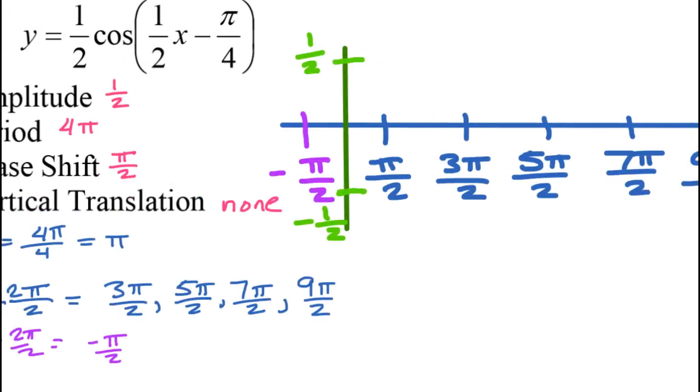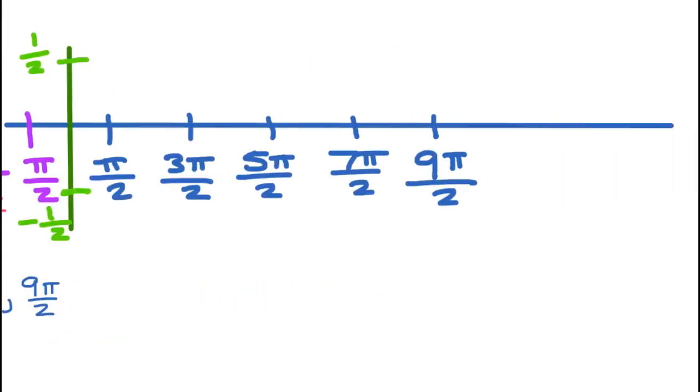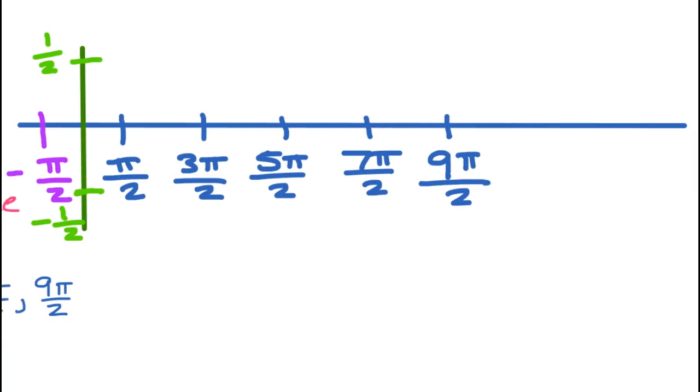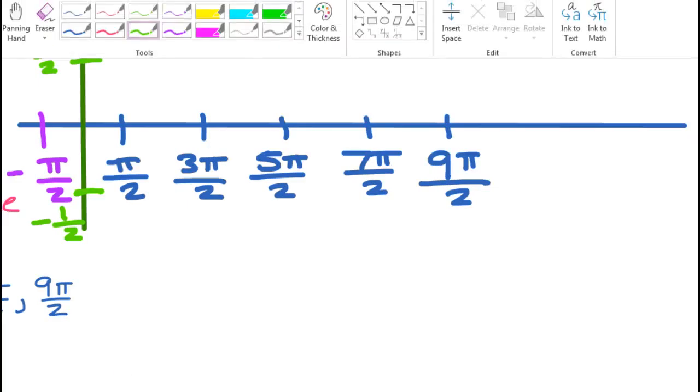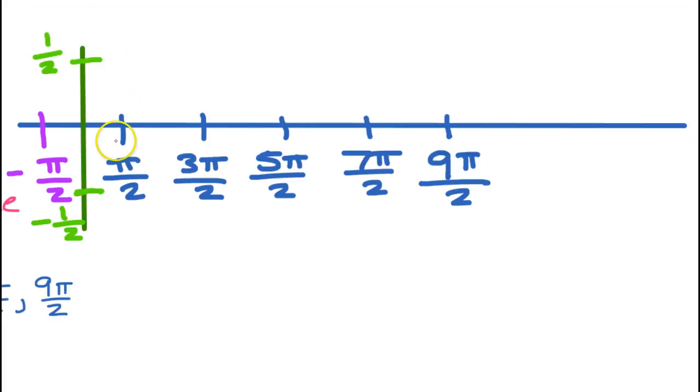Okay, so this is a cosine function. So we know that the cosine function starts off at its highest value. So remember, the phase shift is pi over 2, so that's where the first dot will go. And then the cosine falls to the midline, and then it goes to its lowest value, then back to the midline, and then back to its highest value again.